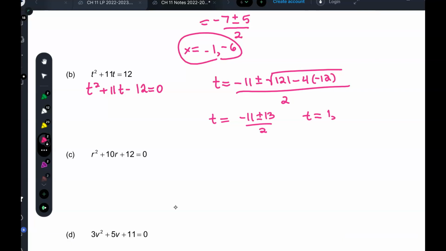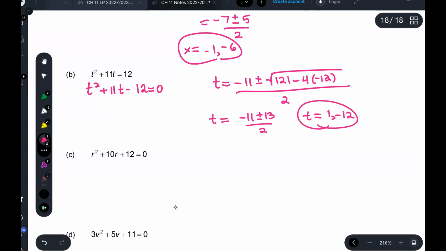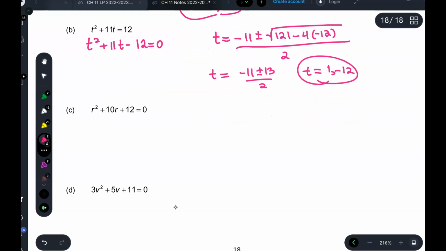Negative 12. Okay, because we got integer answers, we know those would have factored. But when we get to problems like the next one, are there two numbers that multiply together to give us 12 that add up to 10? No, so that means we're going to have a radical in our answer.